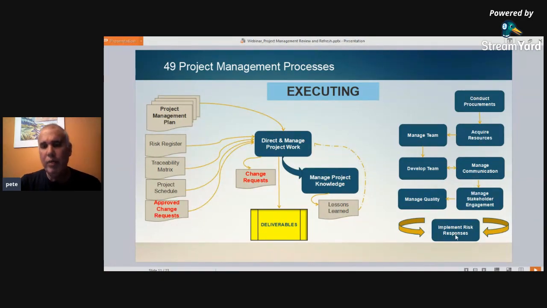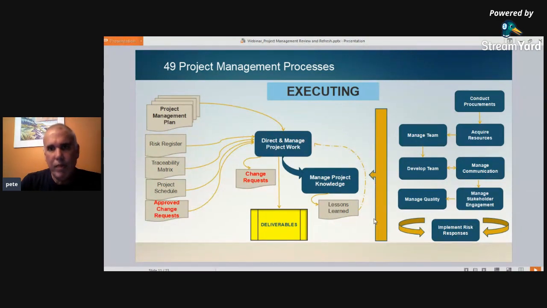So we want to implement risk responses. Remember, we planned risk responses? Now, in project execution is when we actually say, okay, remember what we said we were going to do if this particular risk materializes? Now we're prepared to implement that as a risk response. And all of these feed into direct and managed project work and project knowledge.